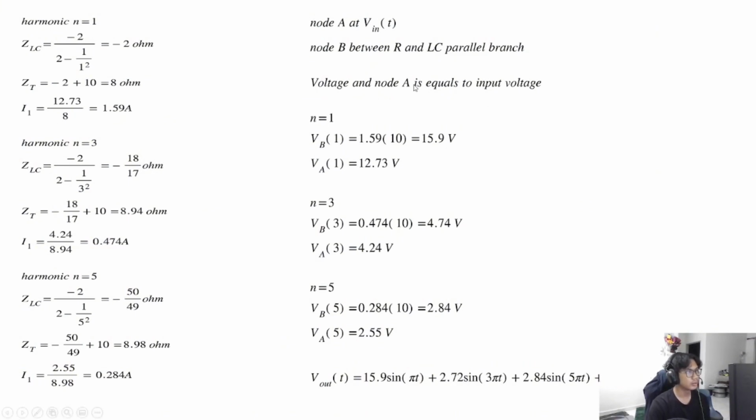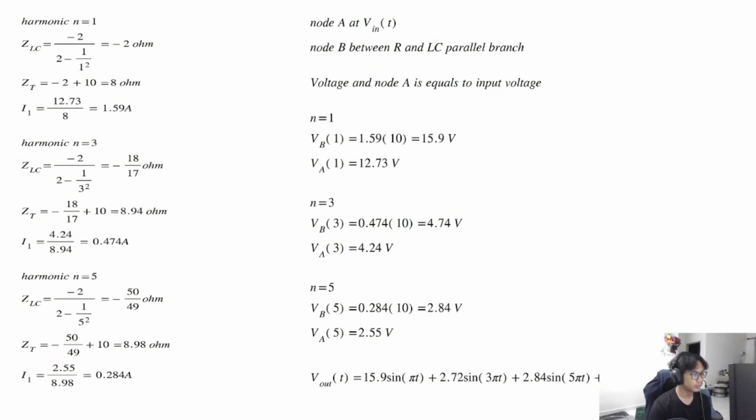So node A is at the beginning, node B is between R and the LC parallel branch. The voltage for node A is equal to the input voltage. So for the harmonic n equal to 1, voltage at node B is 15.9 volt, and voltage at node A is 12.73 volt.